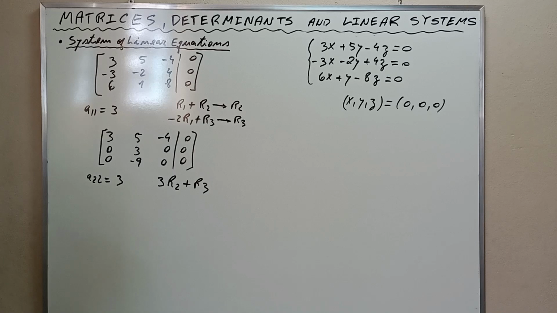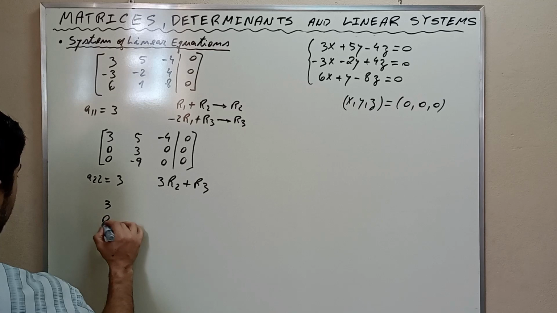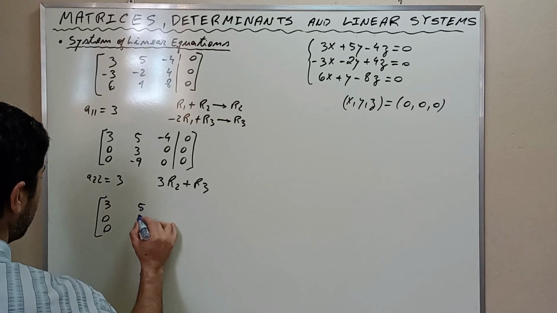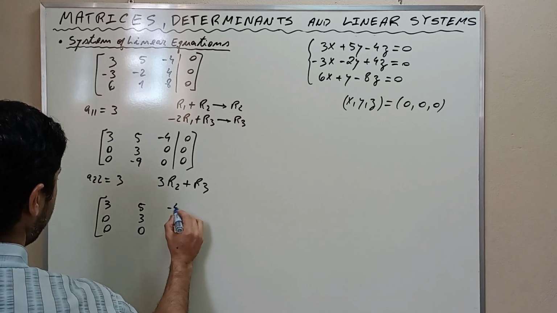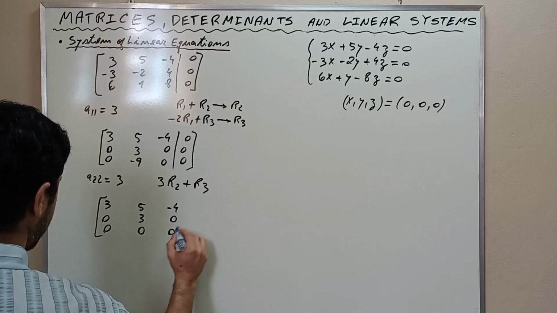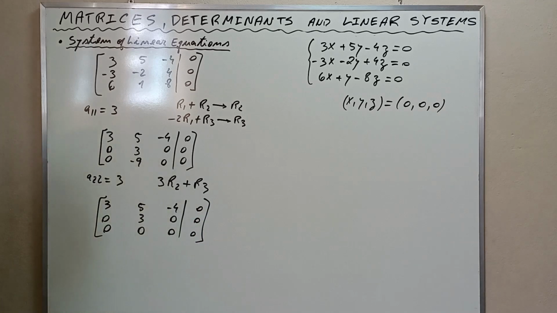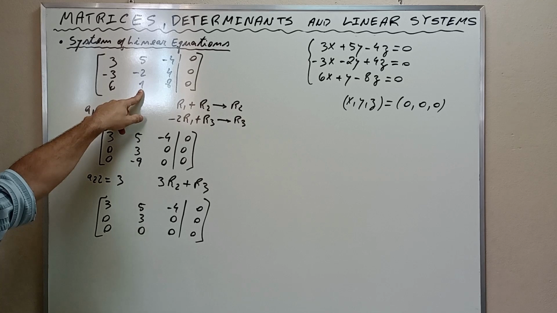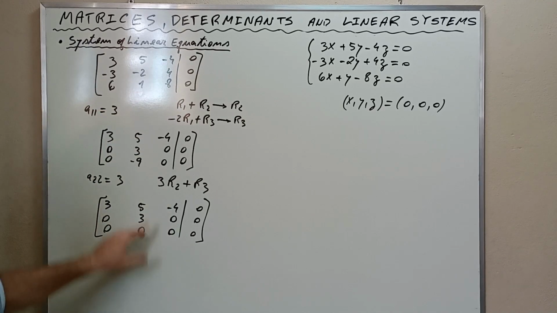Okay? And after we do this, we convert this matrix to this. 3, 0, 0, 5, 3, and 0, and -4, 0, 0. Okay? 0, 0, 0. This is the echelon form of this matrix here. This is the original augmented matrix, and this is the echelon form of it.